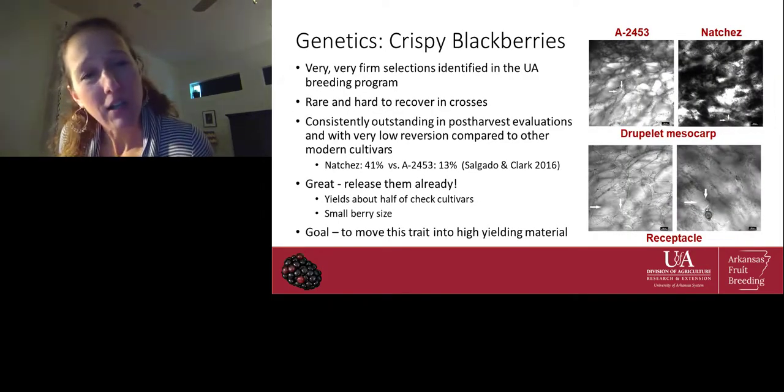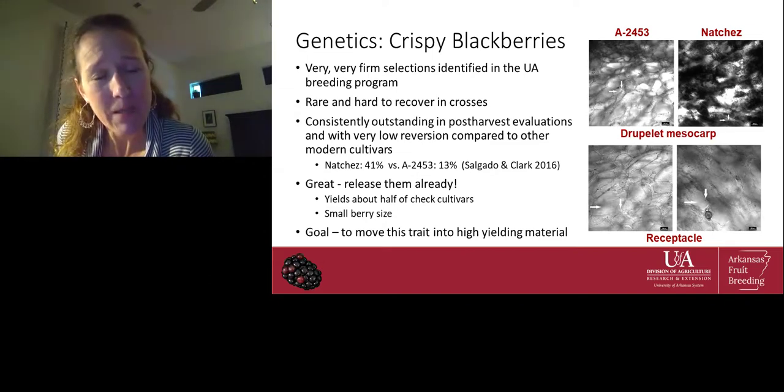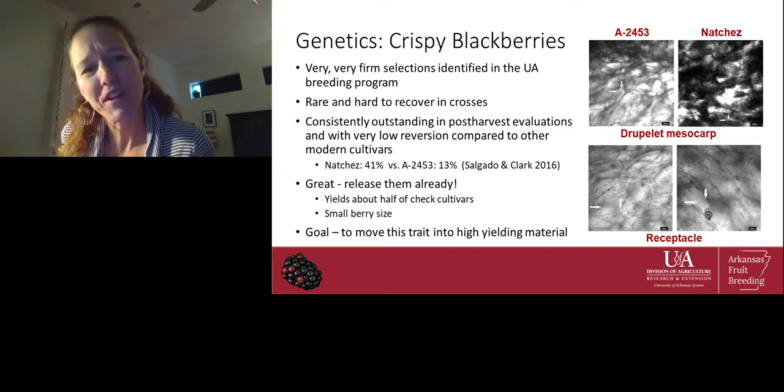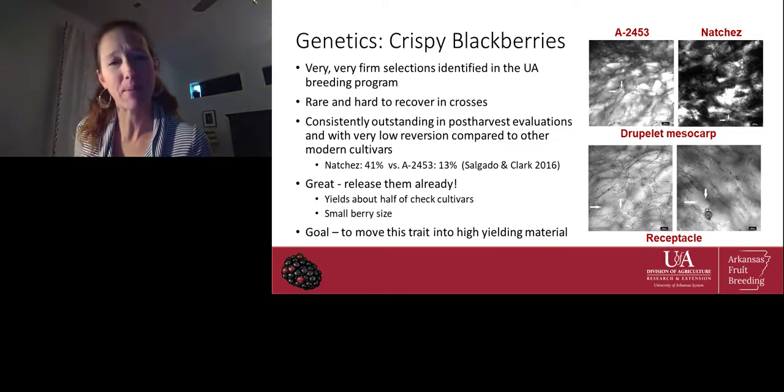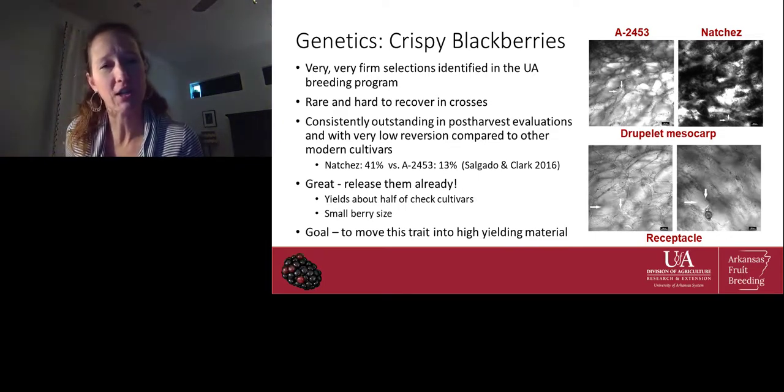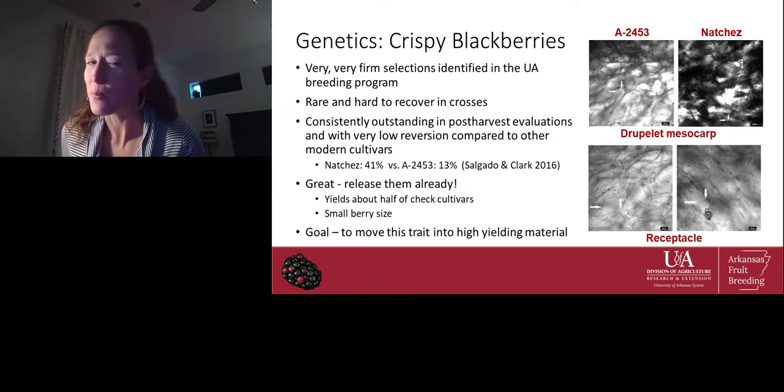I want to talk a little bit about the genetics of crispy blackberries here. So these are a couple very, very firm selections that have been identified in the University of Arkansas breeding program. It's a trait that is pretty distinct from our normal firmness, something like Ouachita.